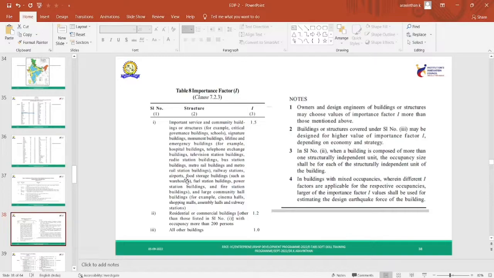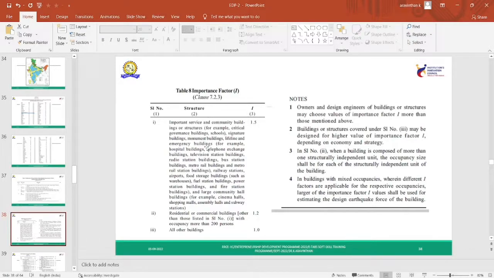If you are constructing a food storage building or fuel station, that is petrol bunks, it comes under importance factor 1.5. Power station, it might be thermal power station, and nuclear power station also comes under this.